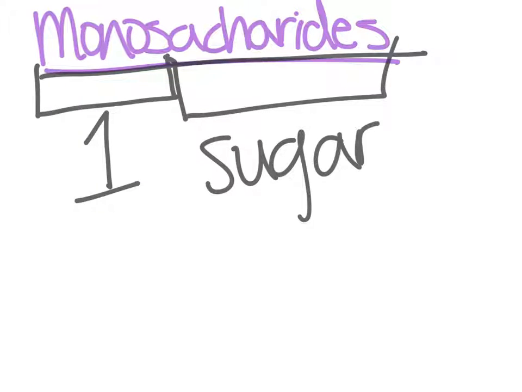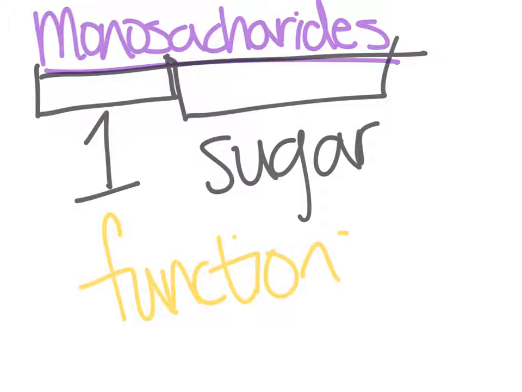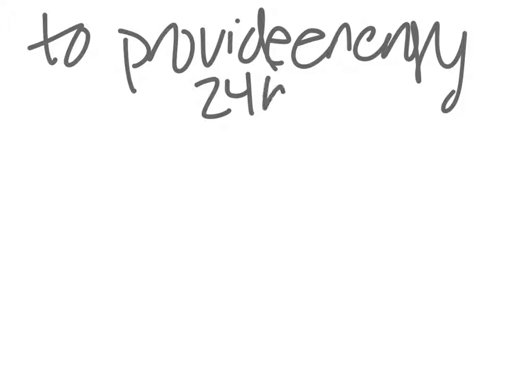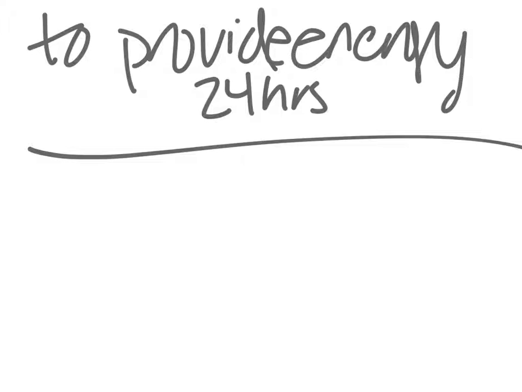So we must think back to the functions of each of our macromolecules to find out which one needs sugar. The closest function we can find for monosaccharides is to provide energy, and this one is for a short amount of time, about 24 hours. And there's only one macromolecule that fits this, and that is carbohydrates.